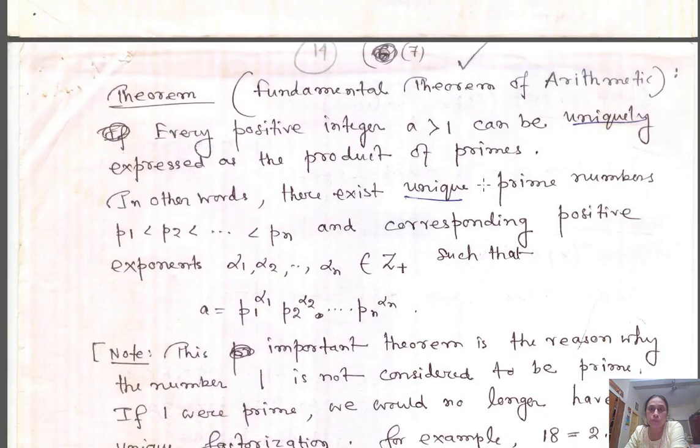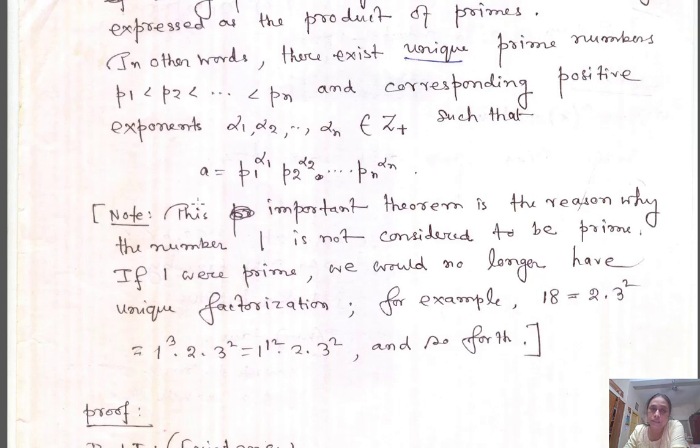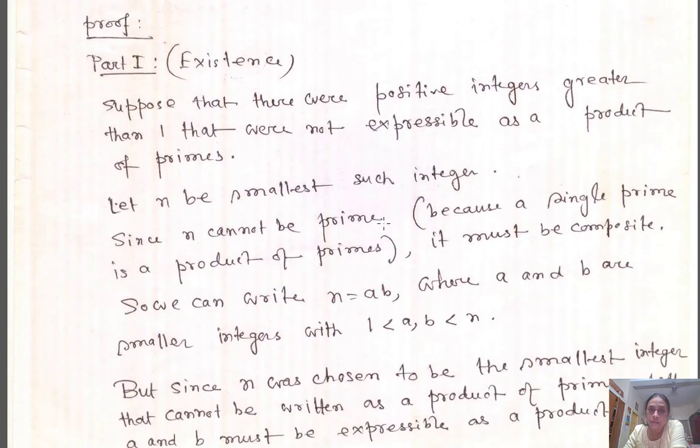So there is an existence proof, that this factorization exists, and another uniqueness proof: if you are given this ordering of prime numbers, then it is unique. I have used the well ordering principle on positive integers.